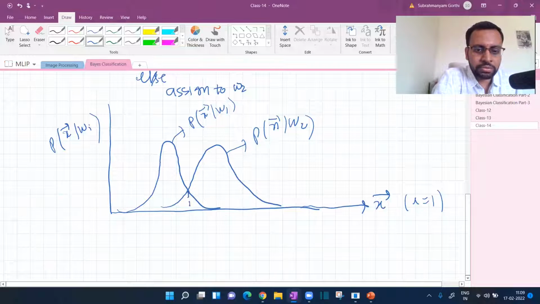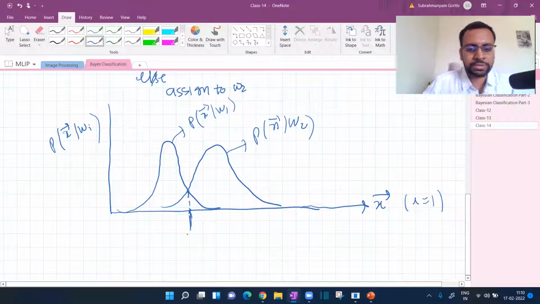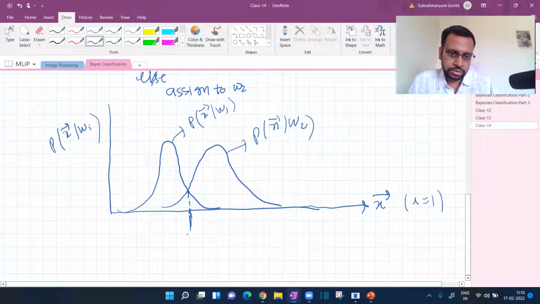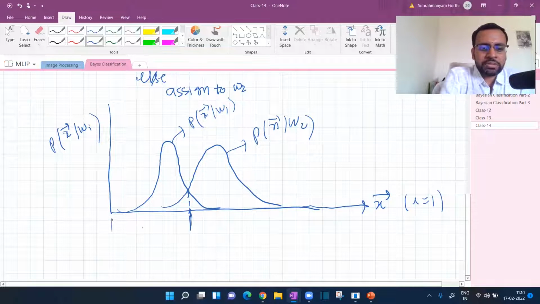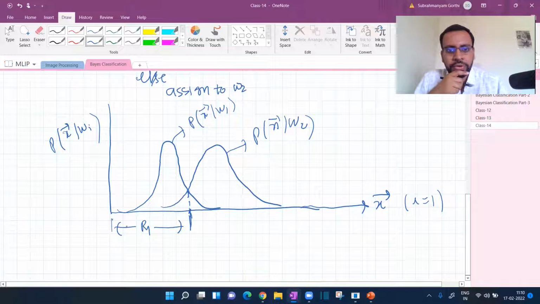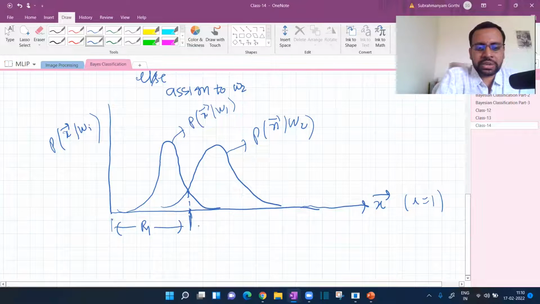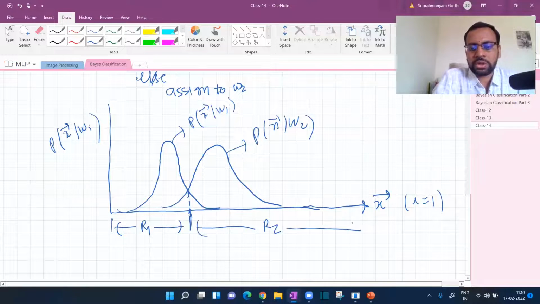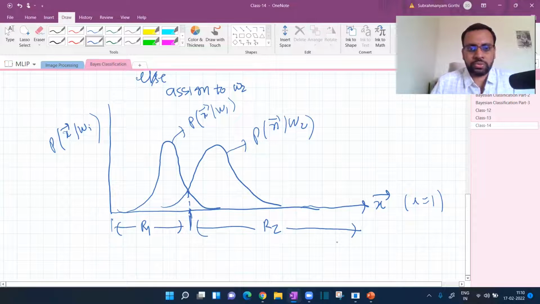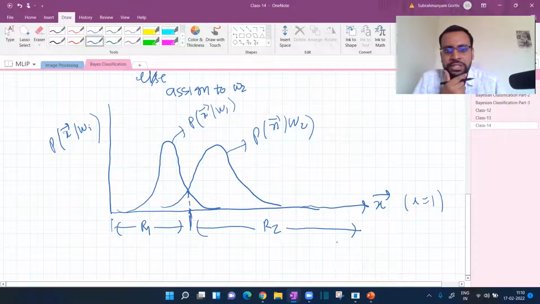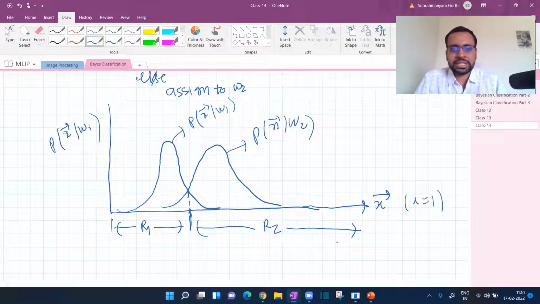We'll come to what it means exactly a little later in the next classes, but for now, from the drawing, this could be the region R1. If your x bar is within region R1, you assign it to class 1, or else for the rest of the region you assign it to class 2. Till here we have done in the previous class.